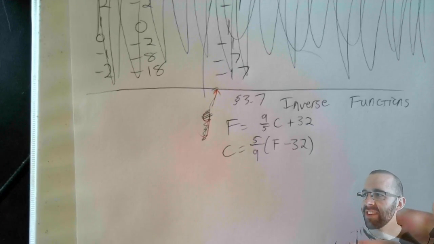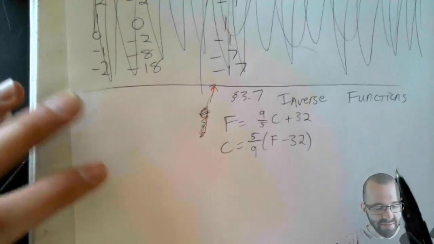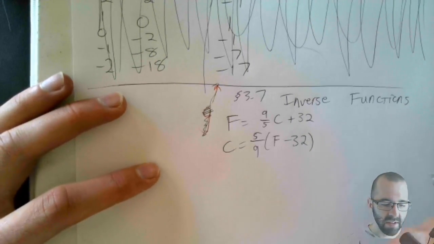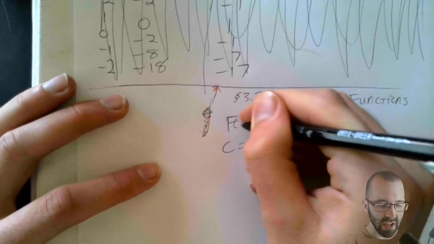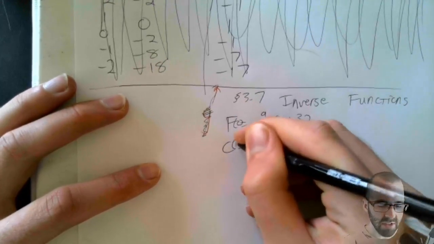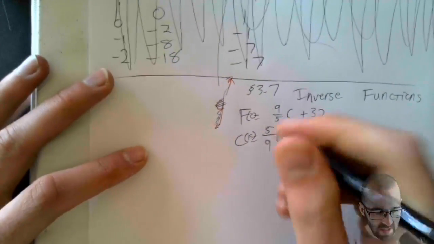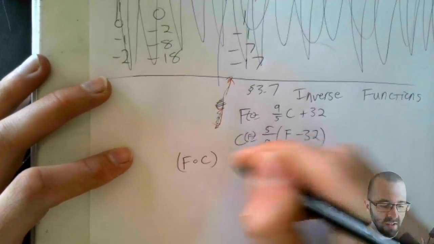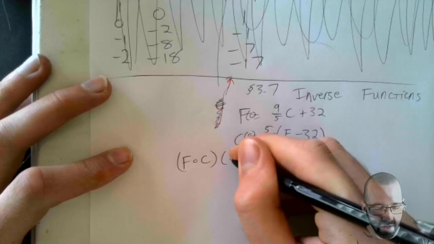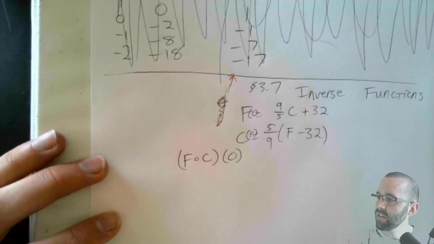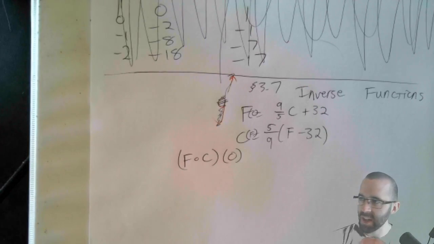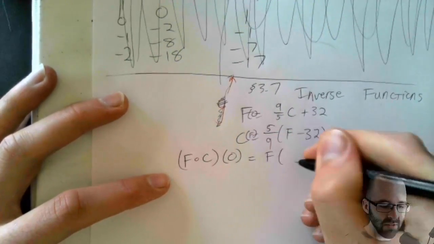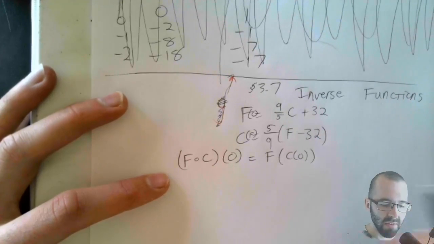If I call this a function f of c, and this a function c of f, and I asked you, what is f of c of 0? This is function composition. Remember function compositions. Well, this means f of c of 0.